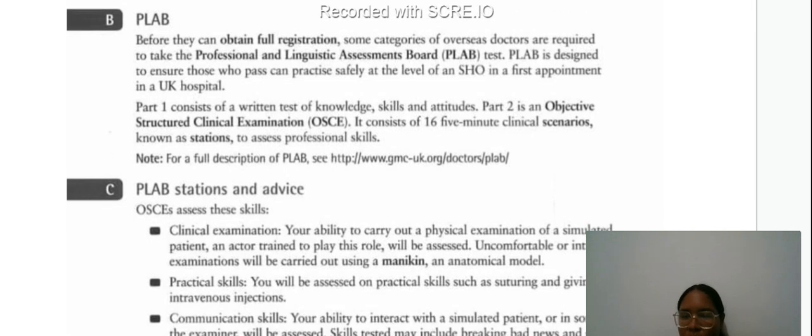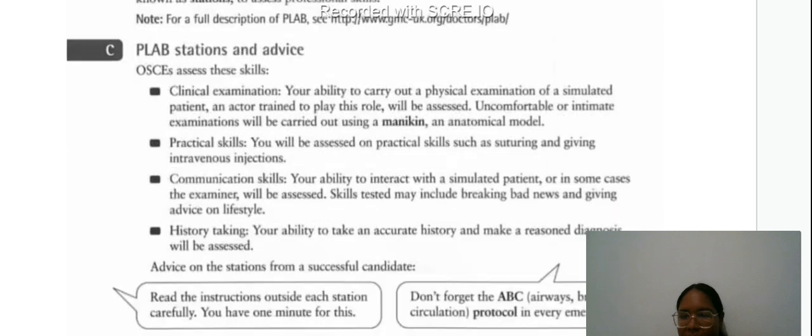Part 1 consists of a written test of knowledge, skill, and aptitudes. Part 2 is an Objective Structured Clinical Examination (OSCE). It consists of 16 5-minute clinical scenarios known as stations to assess professional skills.